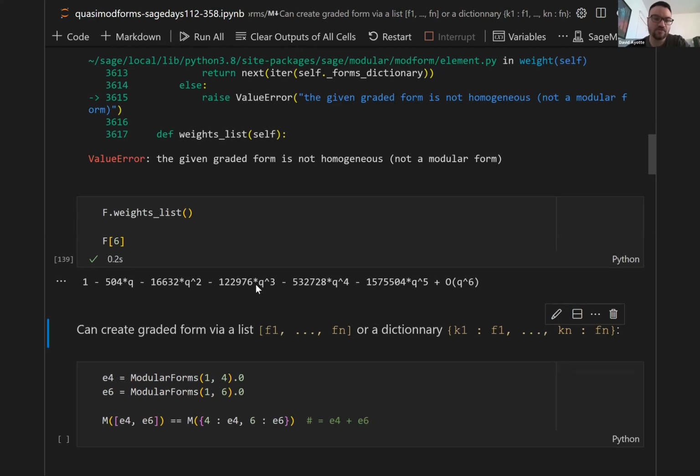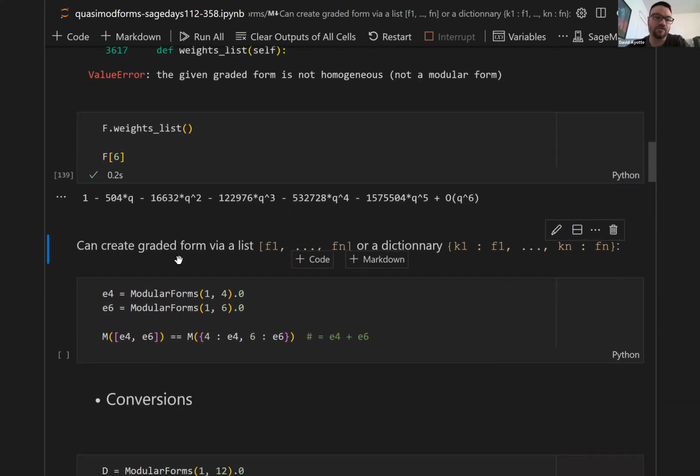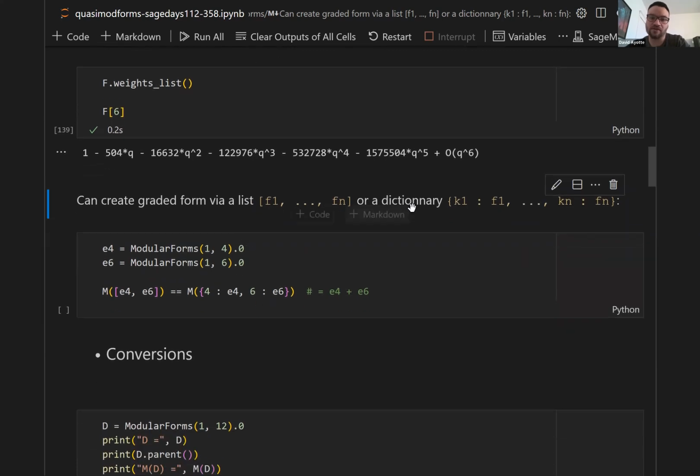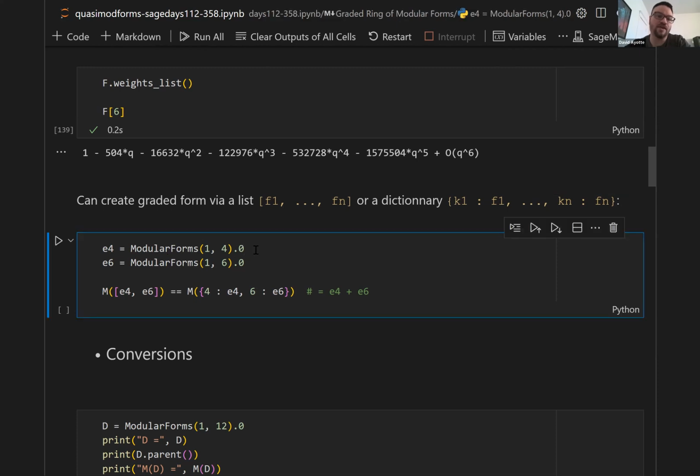Now, if we want to create a graded modular form, we can do it via a list or simply a dictionary and use the element constructor of the method. For example, I initialize 2 modular forms. These are not modular forms in the ring of modular forms.